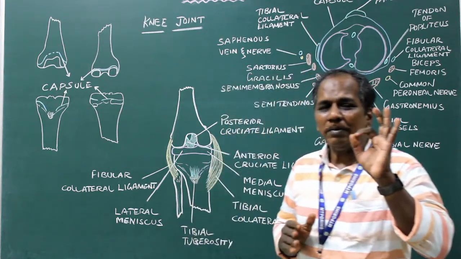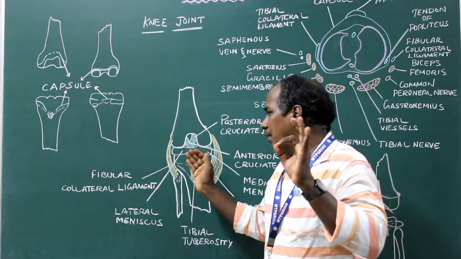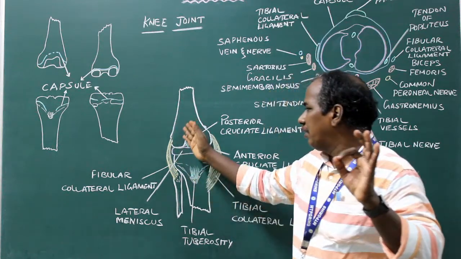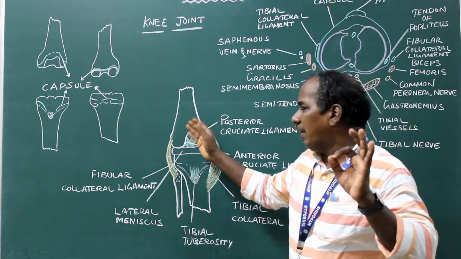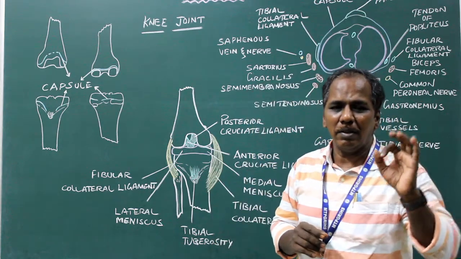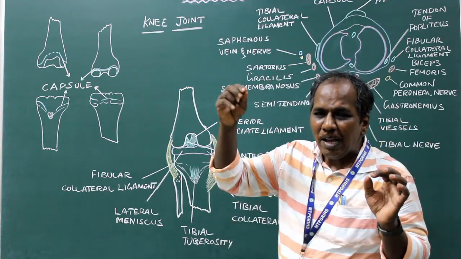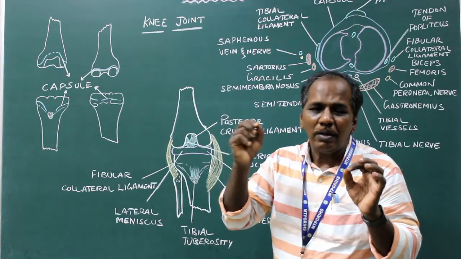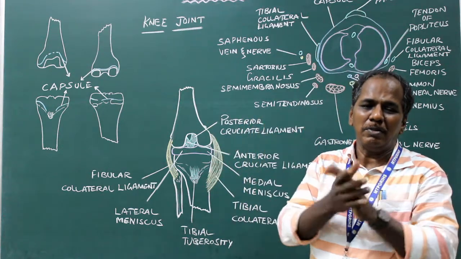The synovial membrane extends into the upper part of the thigh between the femur and quadriceps femoris, where it is attached to the articularis genu.